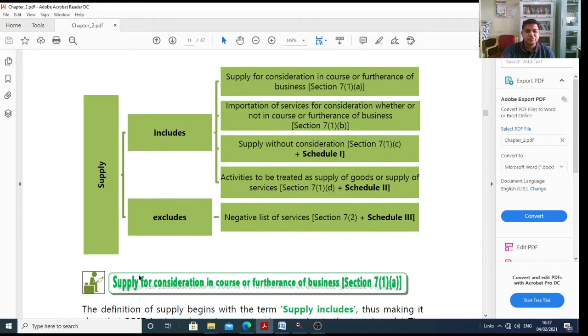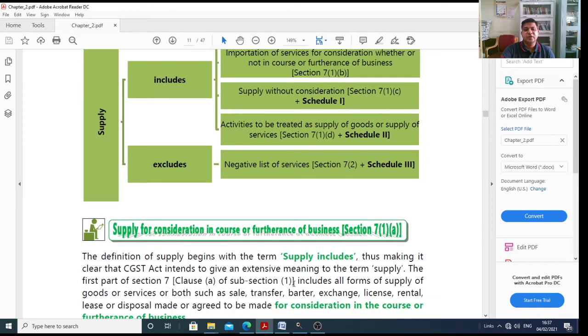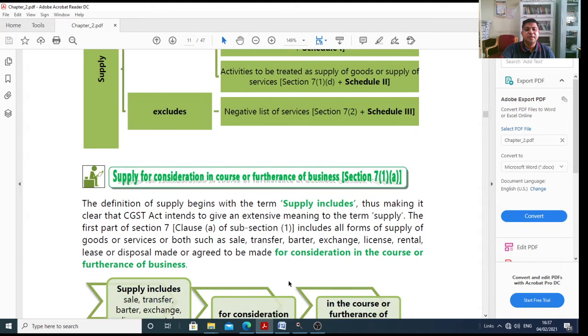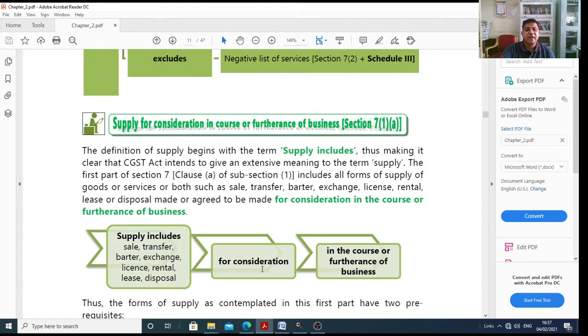Now the first thing: supply for consideration in the course or furtherance of the business. What do you mean by this? Supply includes sale, transfer, barter, exchange, license, rental, lease and disposal.